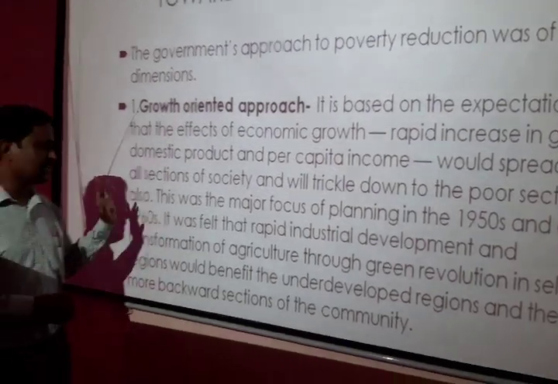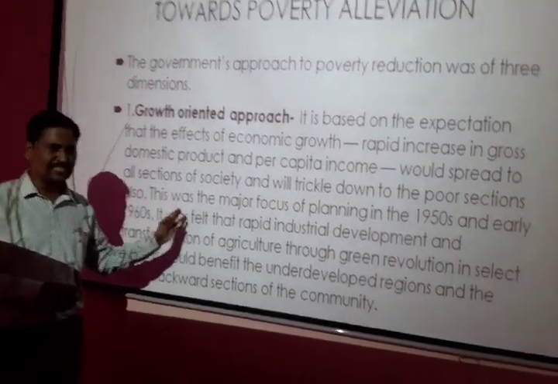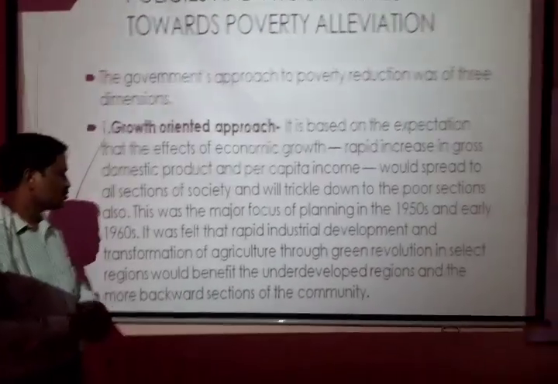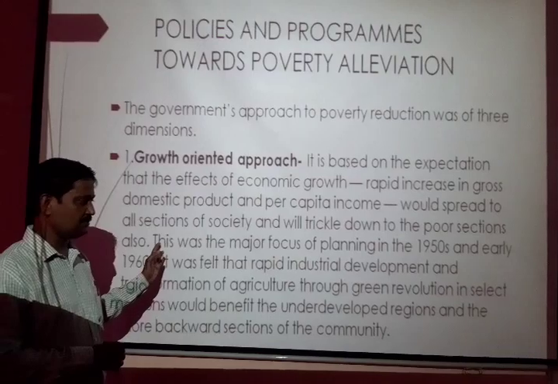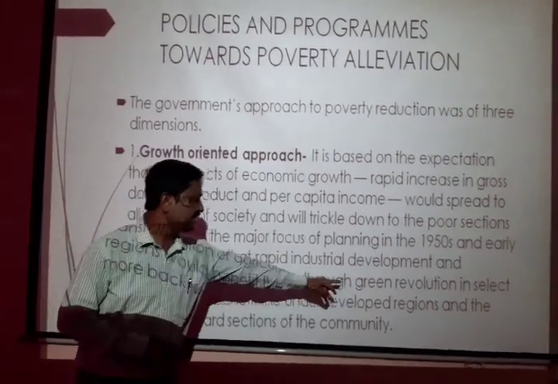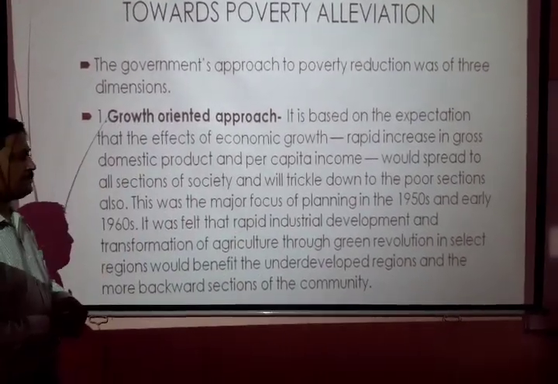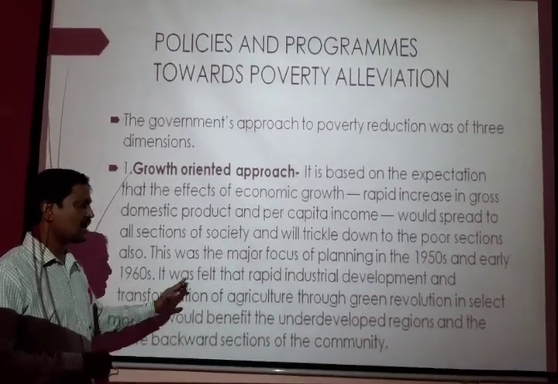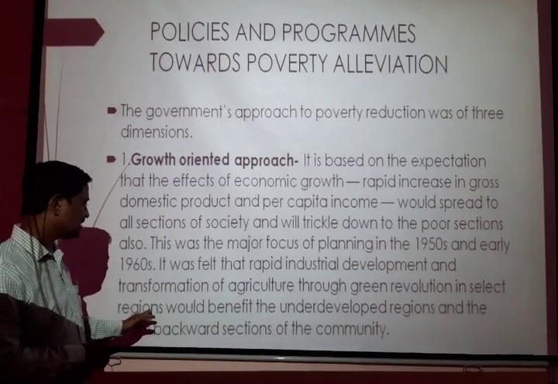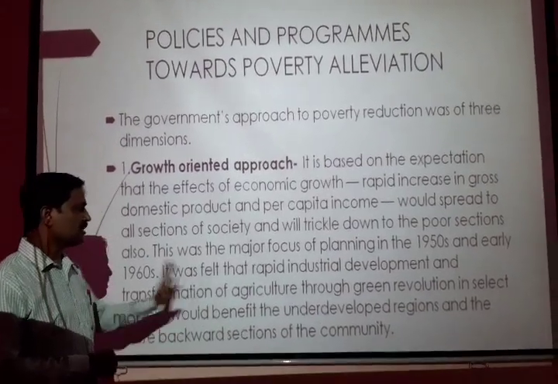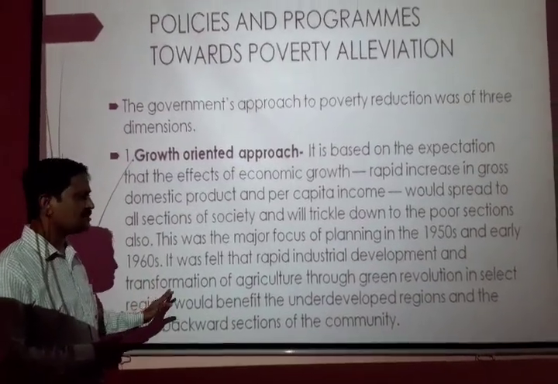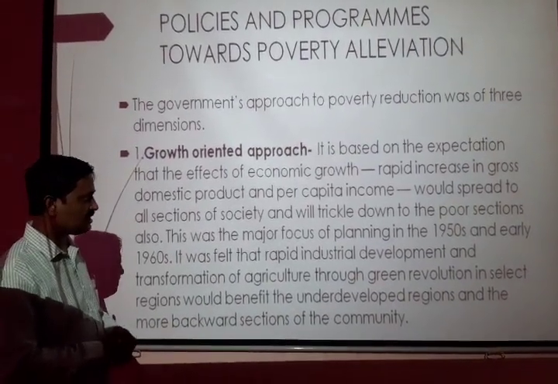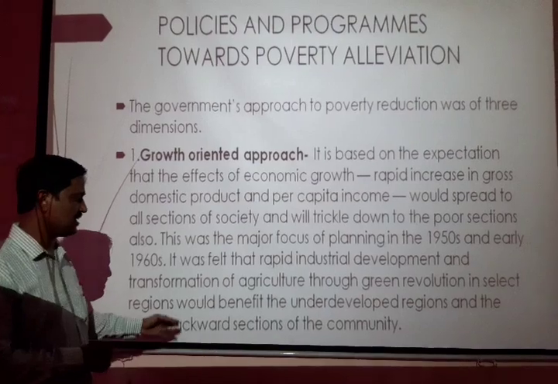We can improve it by applying modern technology like the green revolution technique to improve agricultural productivity. If we apply the green revolution technique, we will definitely increase agricultural productivity. Once agricultural productivity increases, there will be more agricultural goods in the economy, and we can reduce poverty.